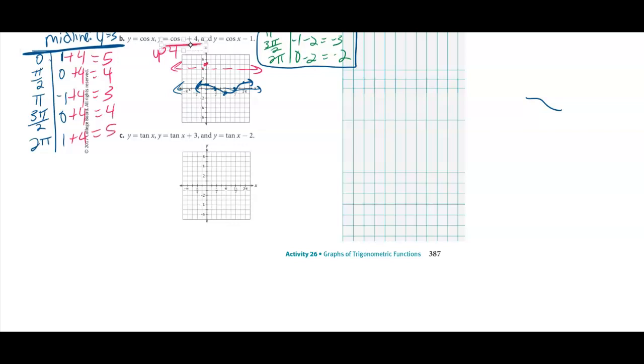So we've got, starts at amplitude, midline, negative amplitude, midline, amplitude. Again, we're oscillating around that new midline, y equals 4.